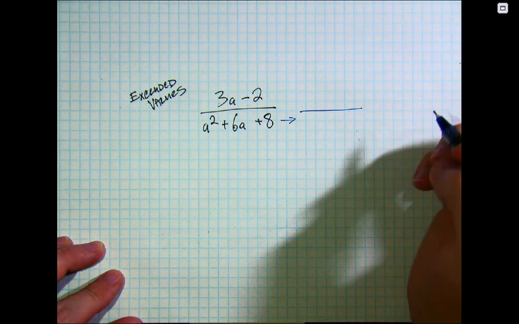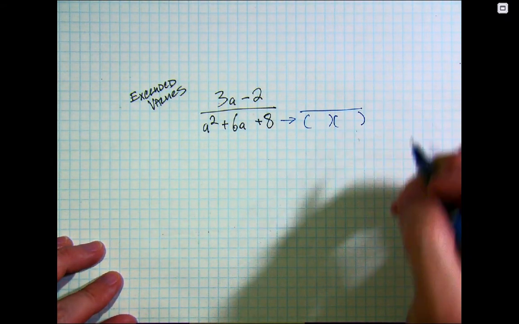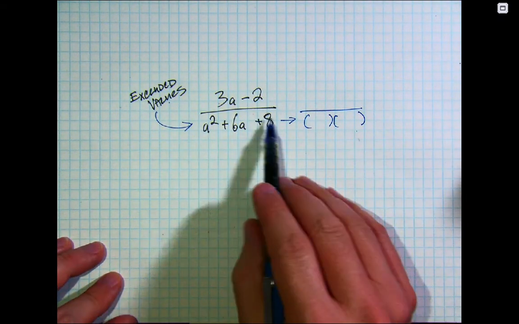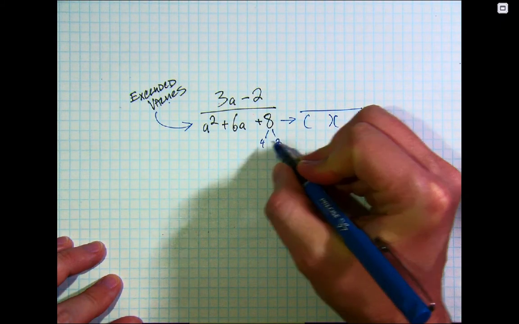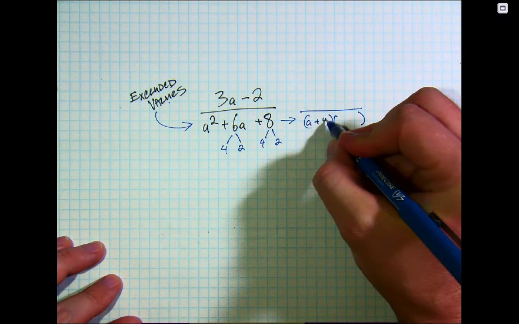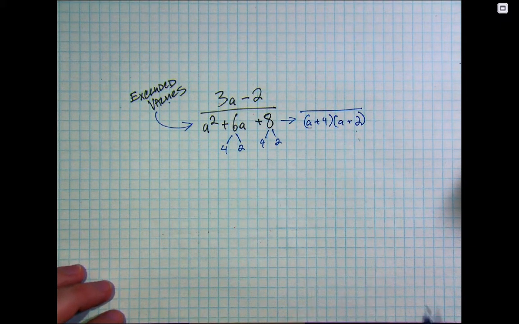But I don't need to even really worry about factoring the top, and I can't anyways. I just have to factor the denominator, because for excluded values, we only really care about not making that denominator 0. All right, so I believe this is 4 times 2, and this is 4 plus 2. So I've got a plus 4 and a plus 2. Everything's positive. That makes it easy.